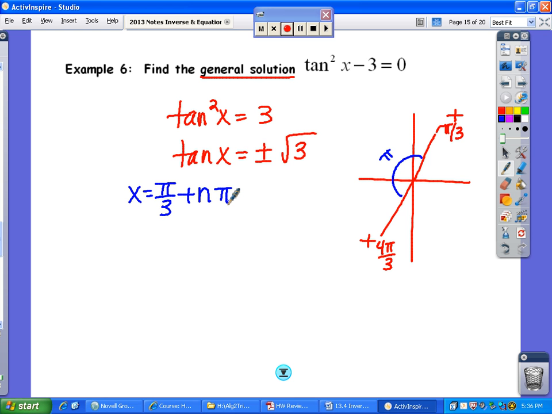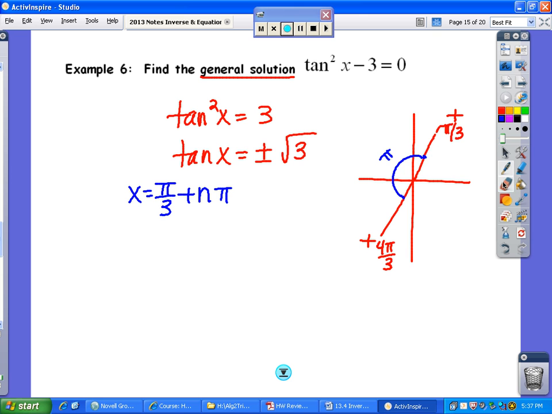If I did 2, I'd be back up here, adding pi to this, so it's 7 pi over 3. And every time I add pi, I would end up back on another answer. So that's what the n pi does. It gives us all possible answers.